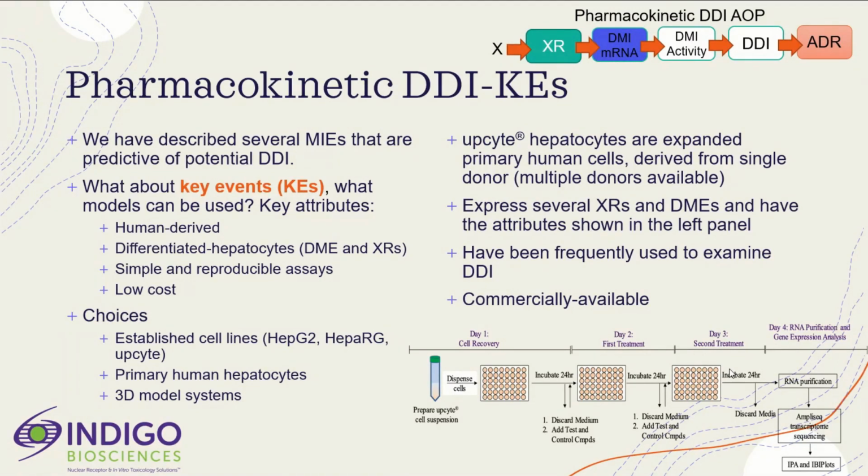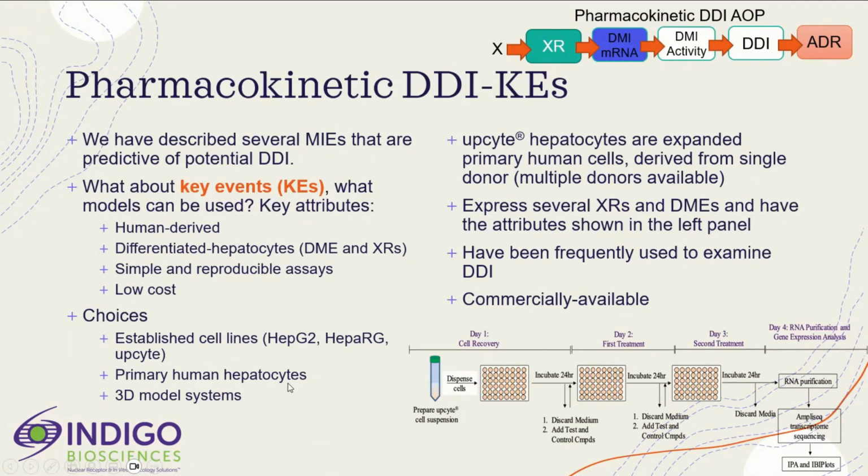So we need a differentiated hepatocyte, and this is often a limitation. We want it to be simple and reproducible and at a low cost. So people that are interested in looking at these key events will quite often pick cell lines because they're easy to look at. These may be, again, human-based, things like the hepatoma cell HepG2, transformed cells like HepaRG, and Upcyte cells.